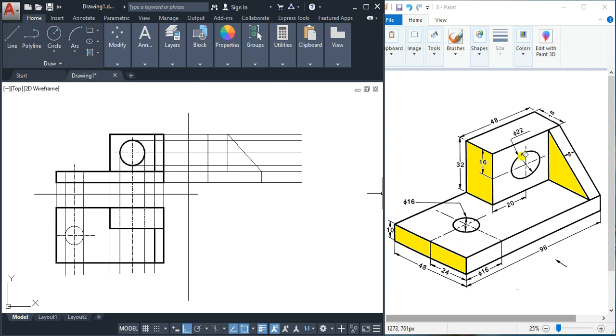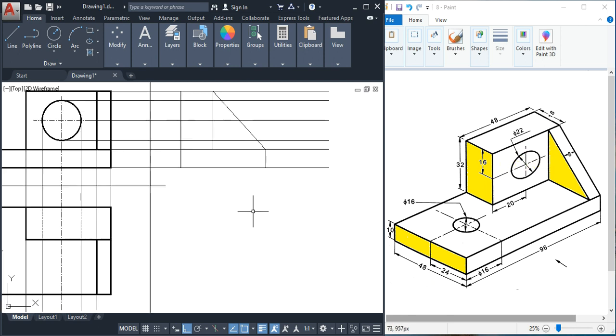We'll indicate this hole. First of all we'll make this a center line here. Now we can make these lines dotted lines to indicate the hole here.